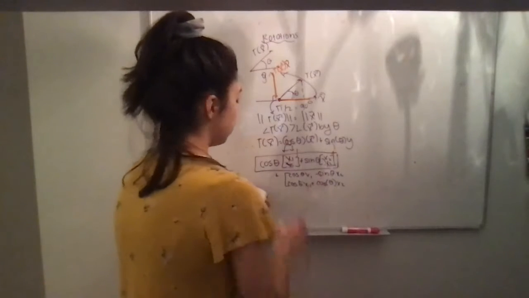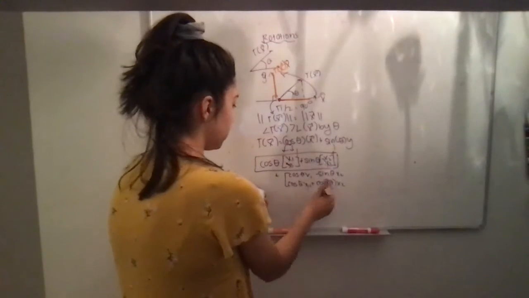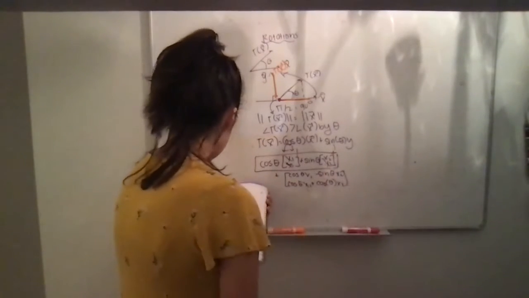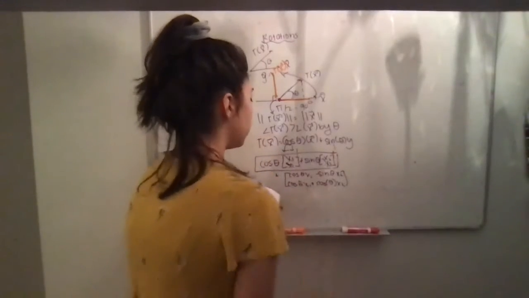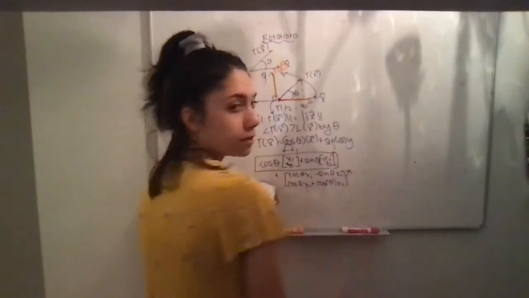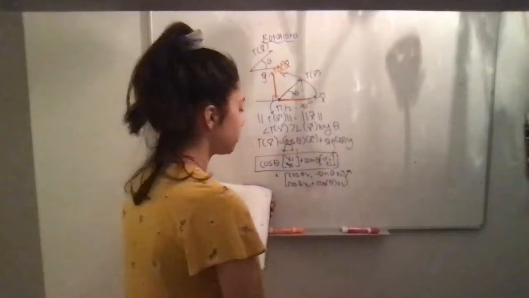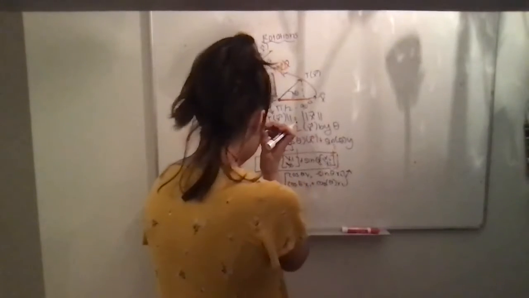But yes, if we have this, we can very easily turn that into a simple matrix. And once we figure that out, we obviously would want to pull the x out to get the matrix rather than the system of equations.